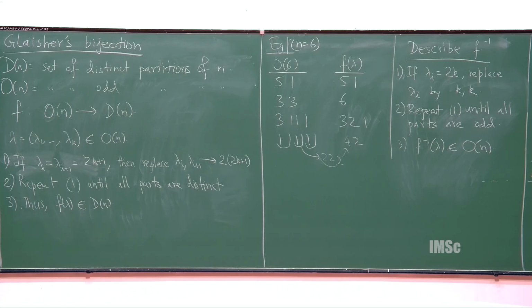And so the reverse process is when you get an even number, you split it into 2. So this gives a direct bijective proof that these two sets are the same. Although this generating function proof is correct, and it says that these two things are equal, it's not satisfactory in some sense because it doesn't explain to us why that's true. But Glaisher's bijection explains to us why these two sets are the same, right?